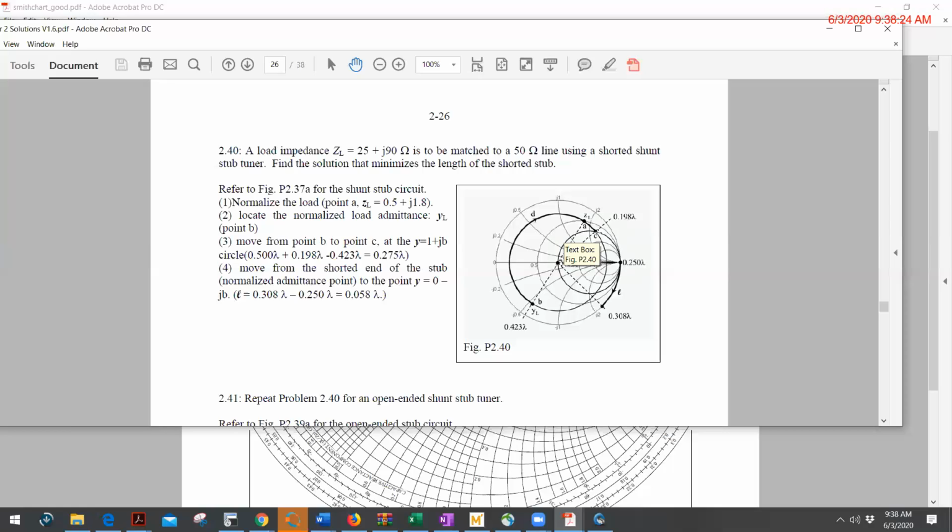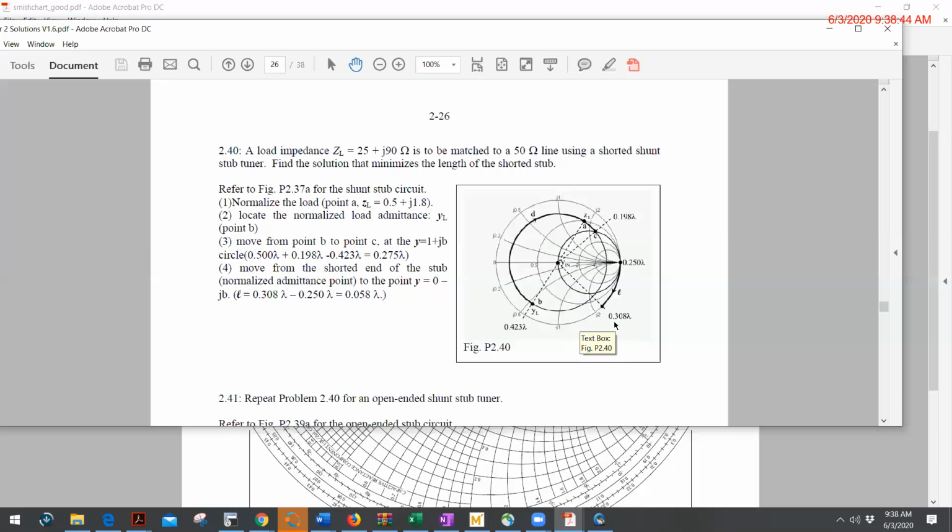Like 2.6. All right. If it's plus j 2.6, I move down here until I hit minus j 2.6. And it should be about 0.308 lambda on wavelengths toward generator if you look at your Smith chart, right? And that means you moved from 0.25 to 0.308.